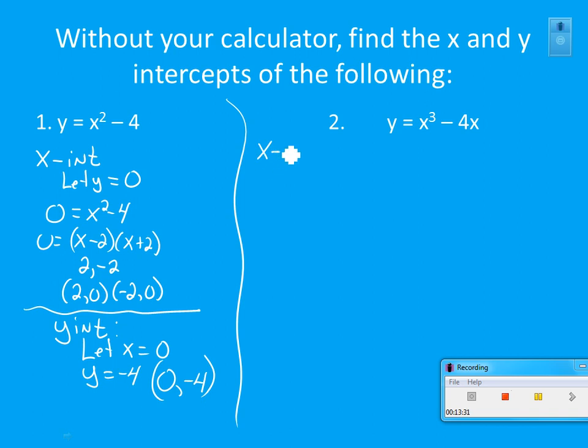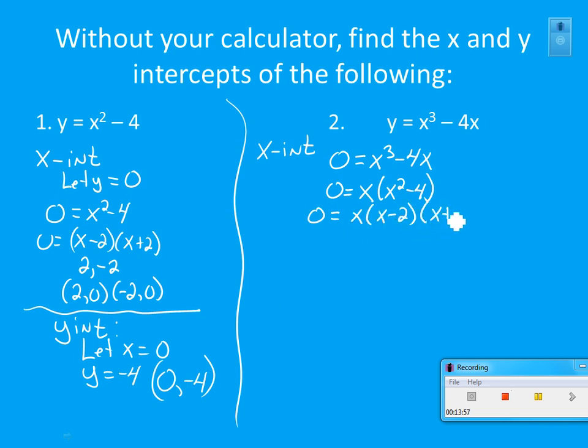To find the x-intercepts, I'm going to let y be 0 again. So I'm going to have 0 equal x cubed minus 4x. Let me factor out an x. So I have an x times x squared minus 4. That's still set equal to 0. And if I factor again, I get x times x minus 2 and x plus 2.